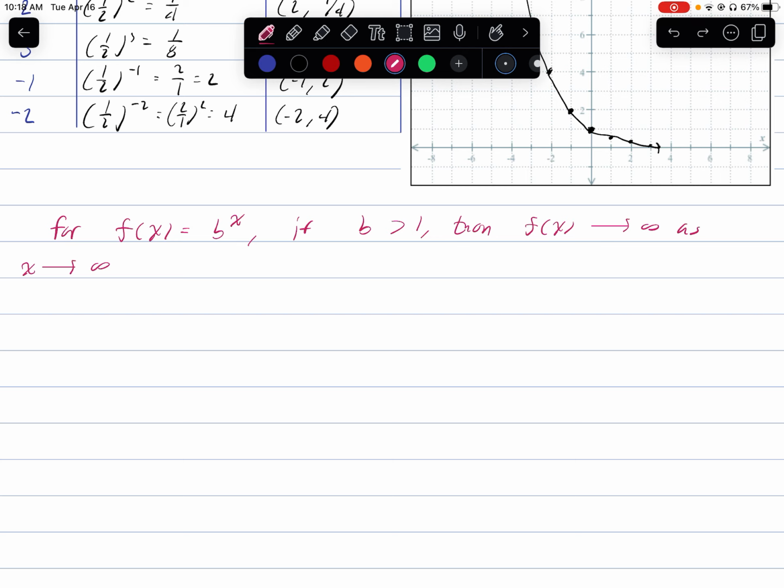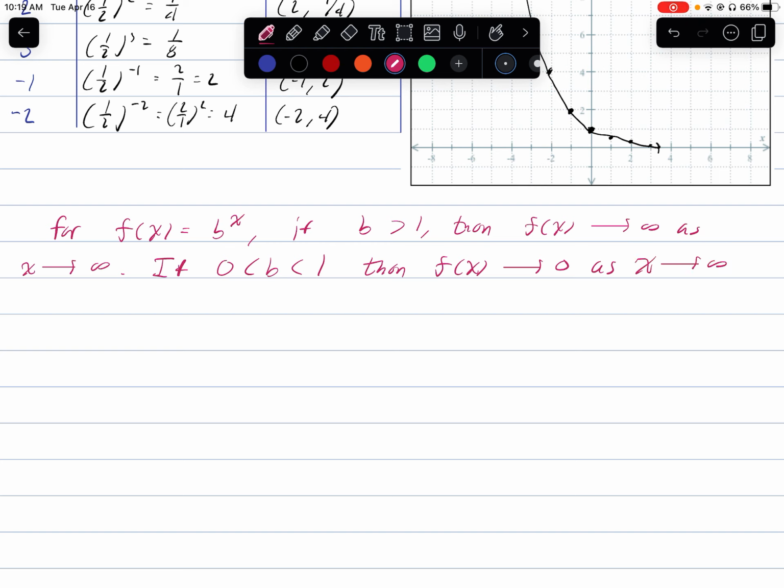As x gets bigger, it's going to get bigger. And inversely, if b is less than 1, or I should say more specifically, if b is between 0 and 1, because we can't have b being negative here, then f of x is going to go to 0 as x goes to infinity.